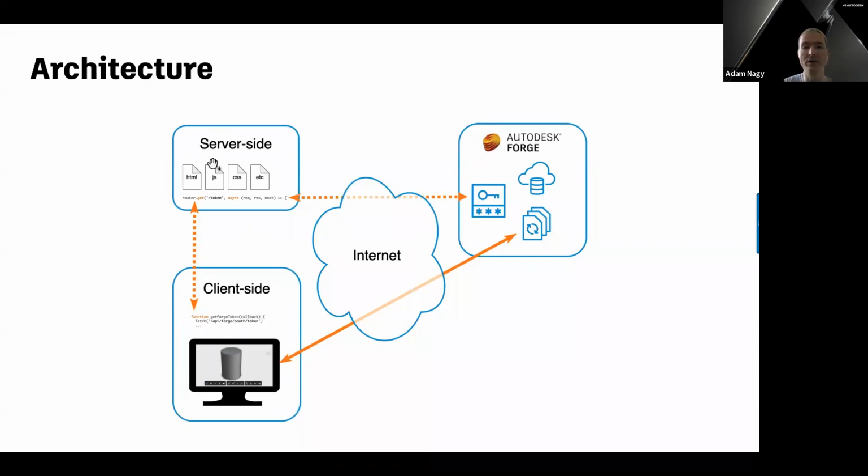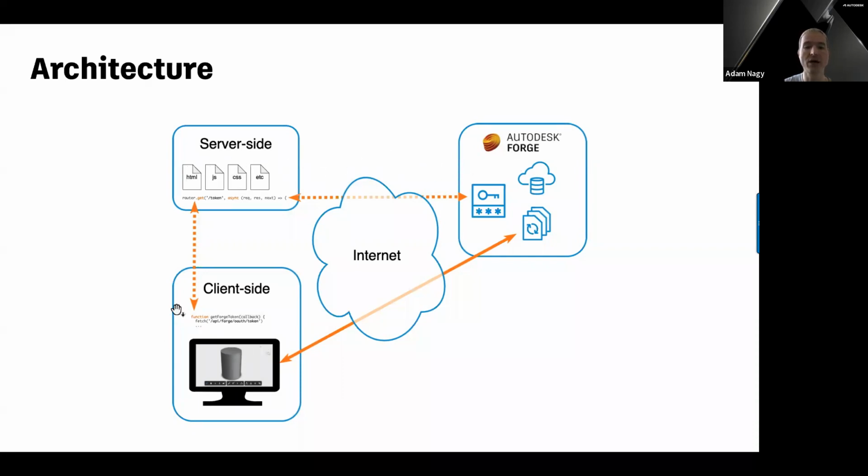But the other, what we usually call the internal access token, which has the ability to create buckets, delete buckets, and loads of other things, we keep on the server side, so we never expose it to the client, so that some third party could not hack it or take advantage of that access token. So we keep that internal access token on the server side, and we directly communicate with Forge services that way.